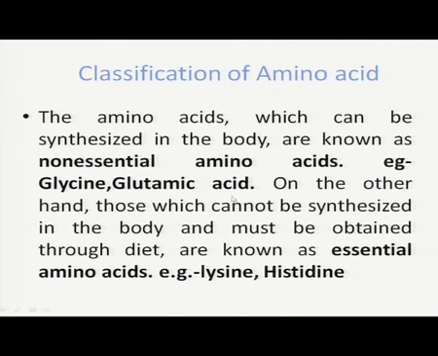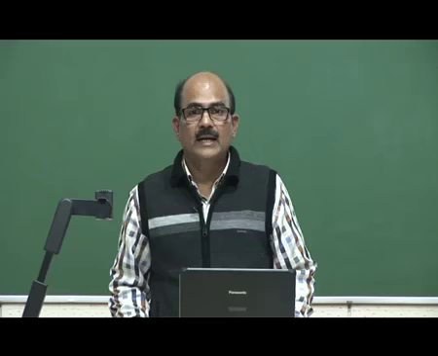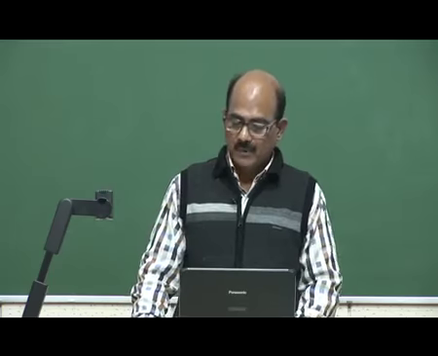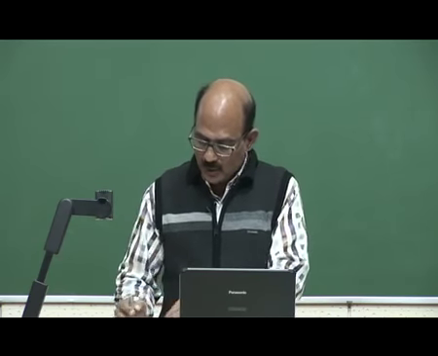On the other hand, those which cannot be synthesized in the body and must be obtained through the diet or through the food are known as essential amino acids. So, essential amino acids are those which cannot be synthesized by our body and can be supplemented through the food. There are 8 different types of essential amino acids.